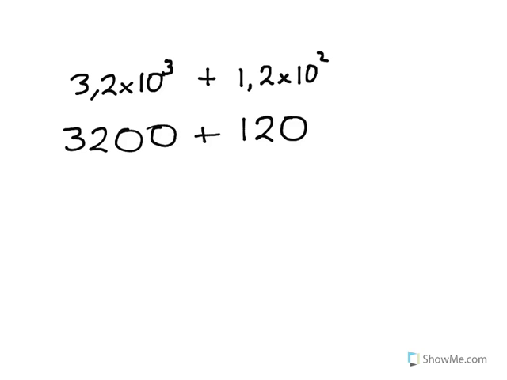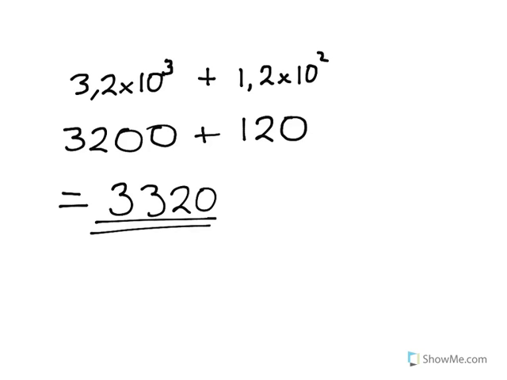If we were to add 3,200 and 120, we would get the answer 3,320. We know that, don't we? And then we could convert that answer back into exponential form, or scientific notation. It would make us then be able to say that's the same as 3.32 times 10 to the power 3.